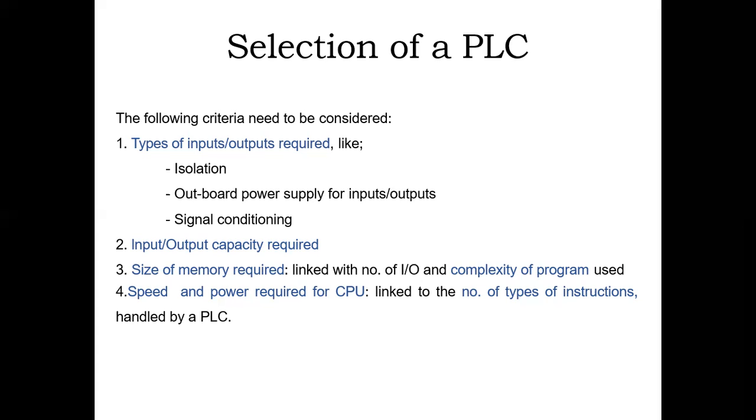Already we discussed that. Then the number and types of instructions. For different kinds of programming, we need different kinds of instructions. Each PLC company defines a different instruction set. For example, Siemens has different instructions, and Fanuc has different instructions.